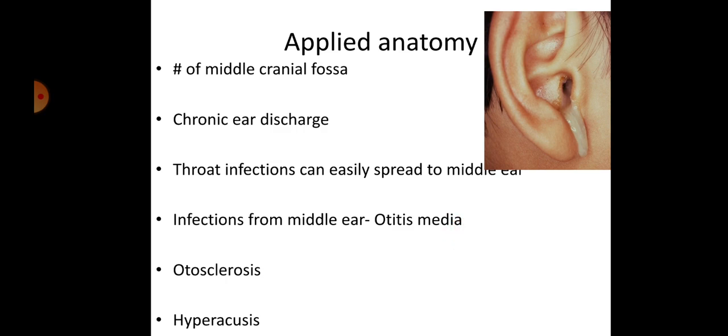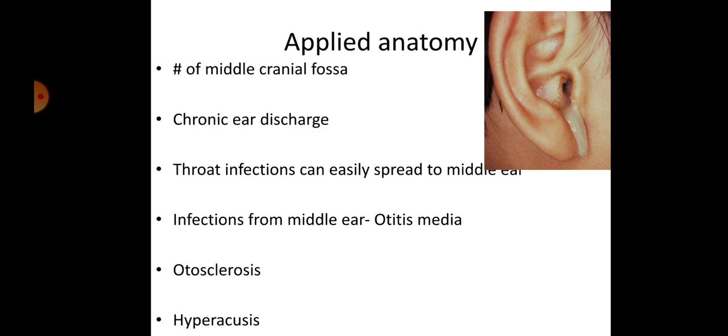Okay, next one is otosclerosis. Otosclerosis means hardening of the joints or the bones of the middle ear, especially where the footplate is attached to the oval window. When sound waves fall, the footplate moves in and comes back to the original place. But due to hardening of this area, the footplate is not moving accurately.